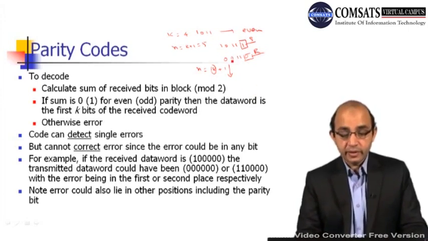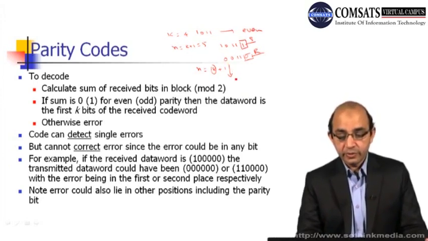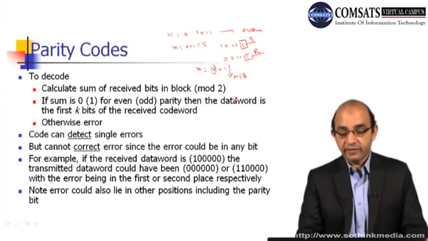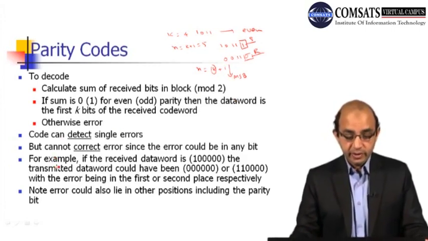You can see that if we look at the most significant bit, the error is on the most significant bit side, right? So that is what has been said over here.